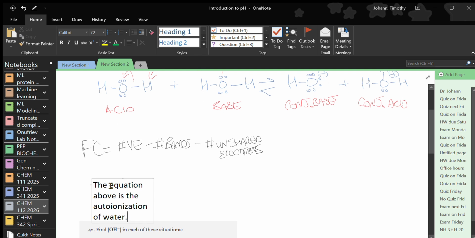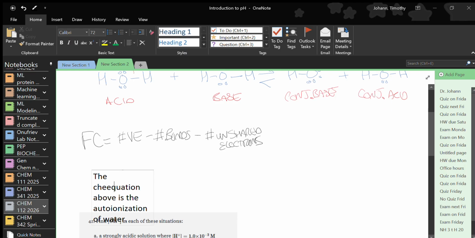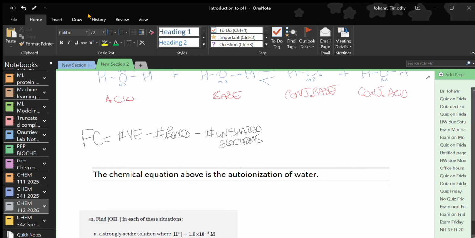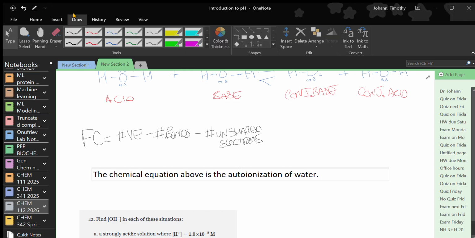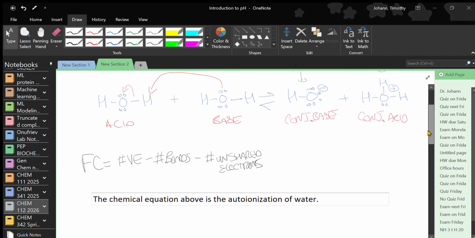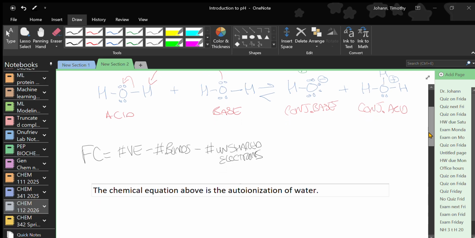In other words, water can act as an acid and a base. And because it can, water can auto-ionize itself. So we've got water, both those waters on the left are neutral, and then we have charged things on the right: a charged hydroxide ion and a charged hydronium ion.